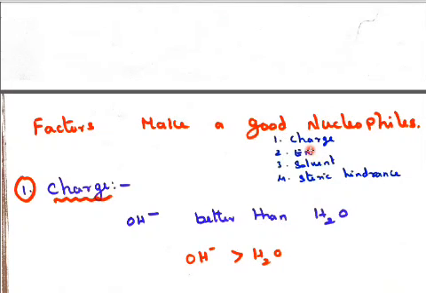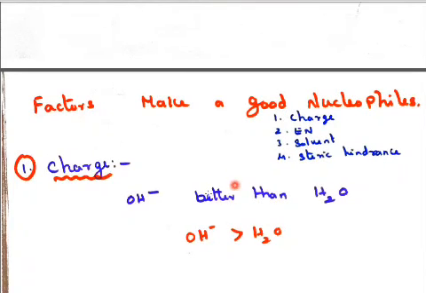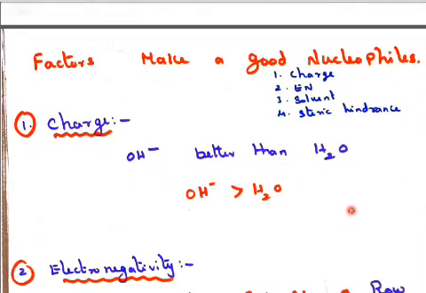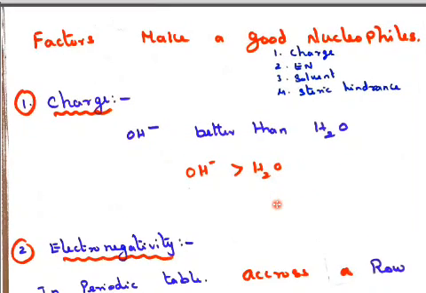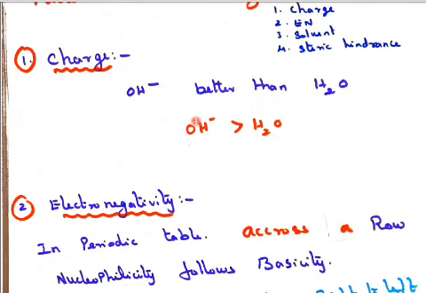Not only that, in the world there are a lot of groups and competitive exams. You can attend all the exams by applying all this knowledge, so read everything, including extra points. So for charge, OH minus is better than H2O because it is a negatively charged nucleophile and H2O is a neutral nucleophile. Charge is very, very important.